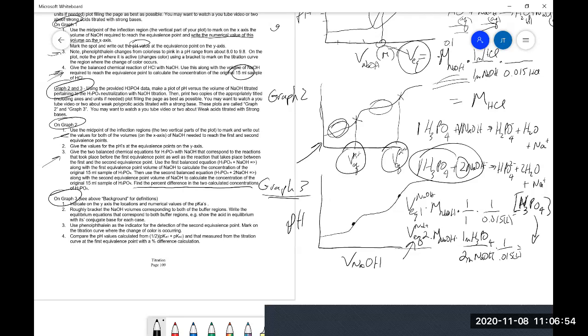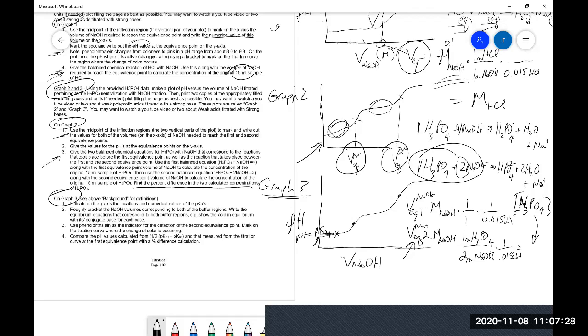Now the pKa is found equal to this special point right in between the initial volume, which is 0, and the equivalence point. So that's the half titration point. It turns out that at the half titration point, the pH equals the pKa for the first equivalence point.